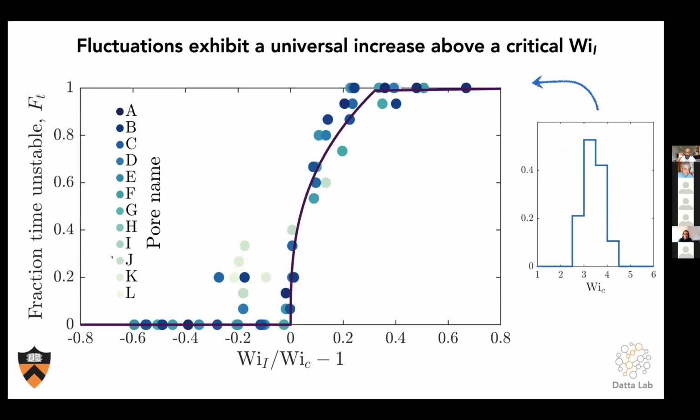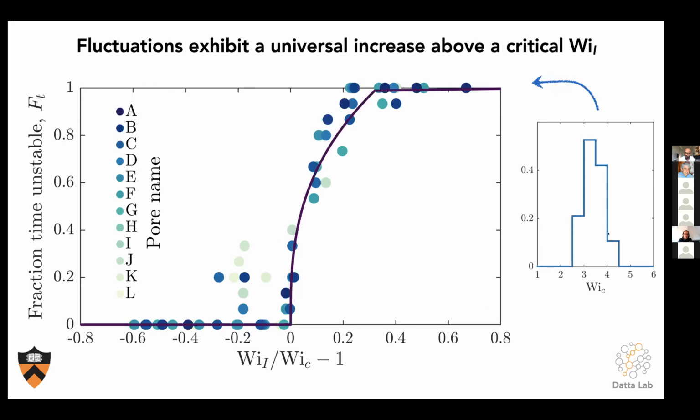When we look at many different pores, randomly scattered throughout the porous medium, right? Each pore at low flow rates or low Weissenberg numbers is stable. At a critical Weissenberg number or a critical flow rate, it becomes more and more unstable until it's completely chaotic, right? And the different pores become unstable, become chaotic at different critical Weissenberg numbers.